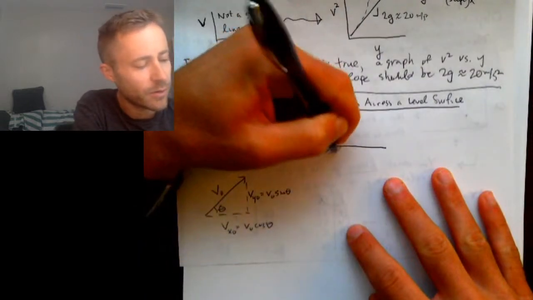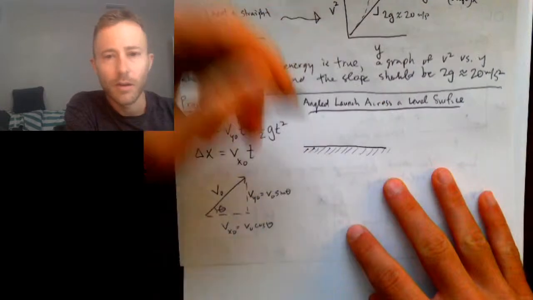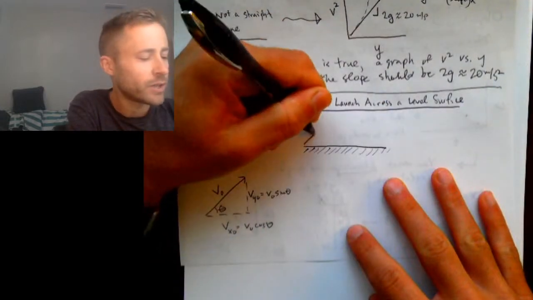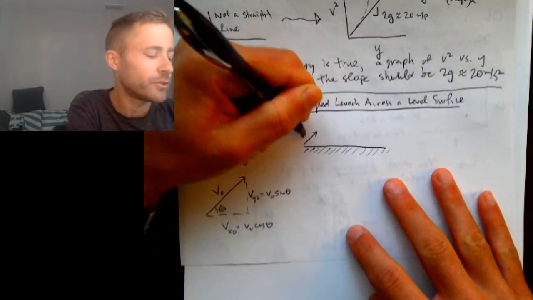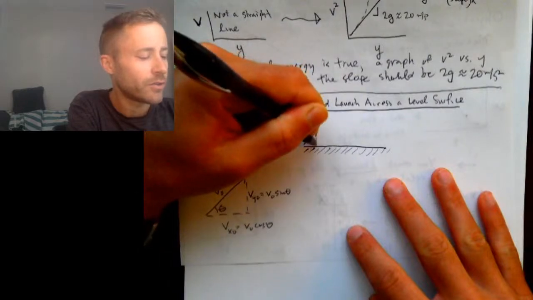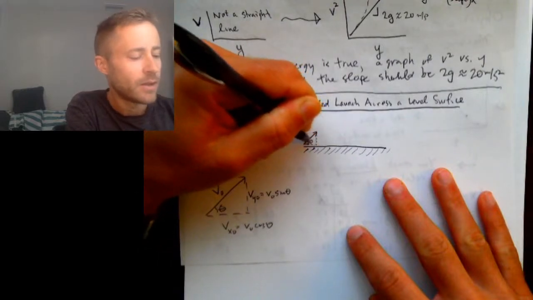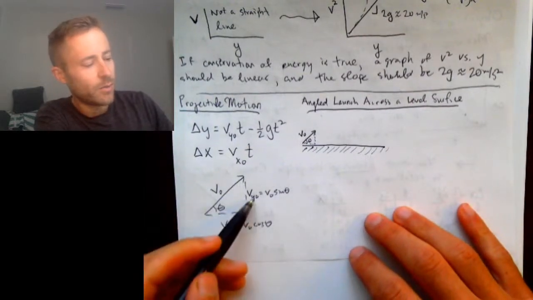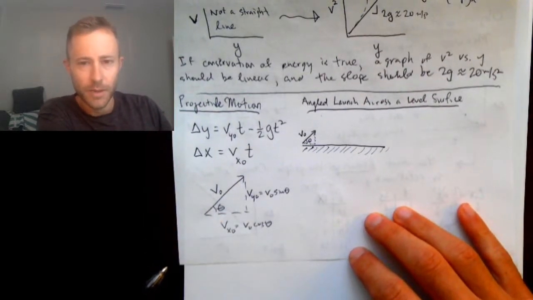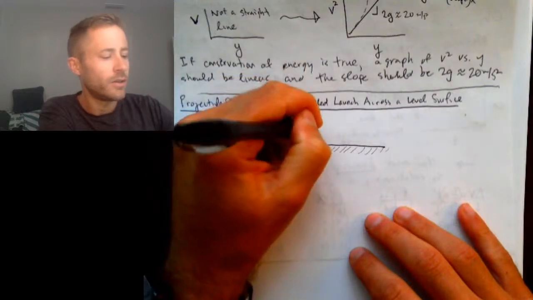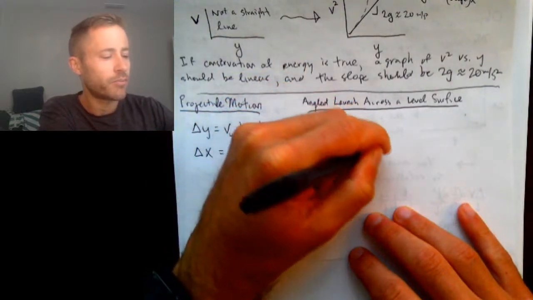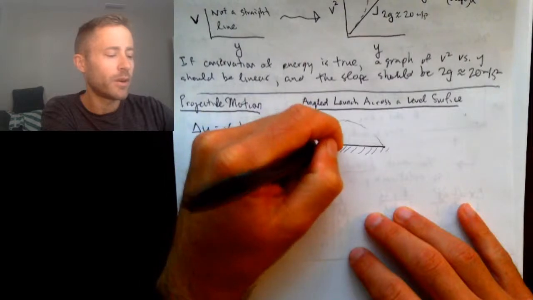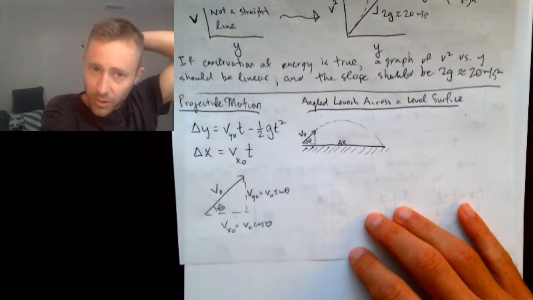So here's the ground. You launch a projectile. It has a certain launch speed and a certain launch angle. Again, you're going to use that launch speed and launch angle to get vy naught and vx naught. Okay, so then it goes, and maybe we want to figure out how far it goes or something like that.